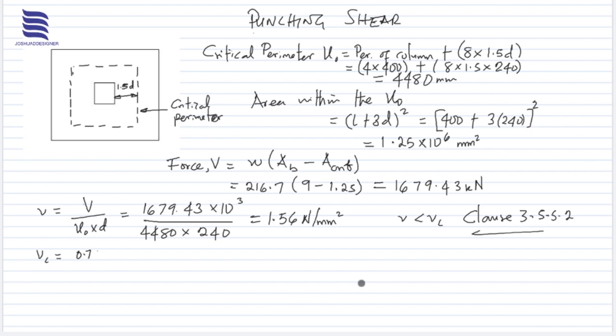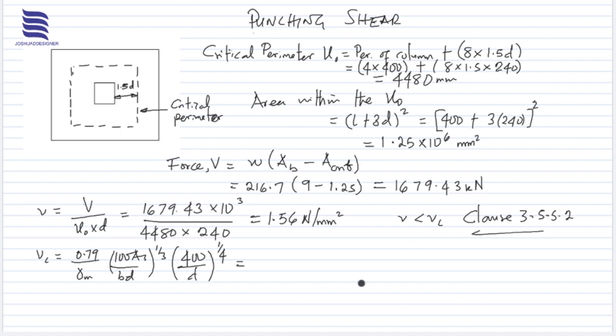So for VC, use the formula 0.79 divided by, we have 100 AS over BD to the power 1 over 3, then 400 over D to the power 1 over 4.